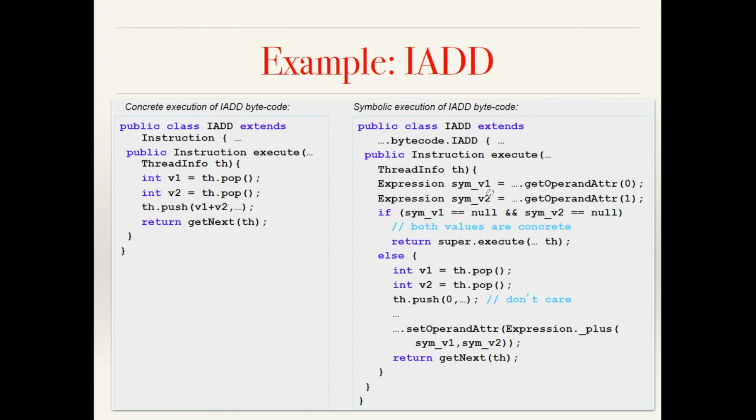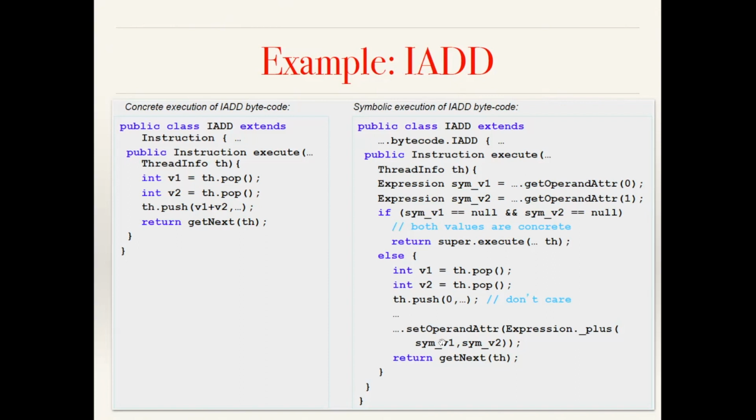You can look at the code to see. The idea is that we first look at the attributes of the first two elements on top of the stack, represented by sim v1 and sim v2, and if they are null, it means that the two inputs are actually concrete, so we can just execute the original code. But if they are symbolic, we need to do something else.